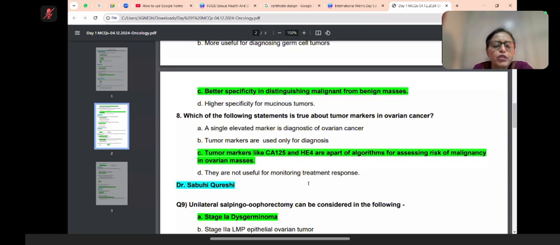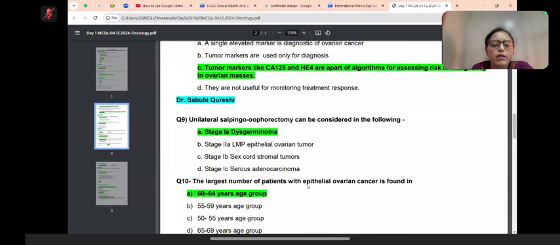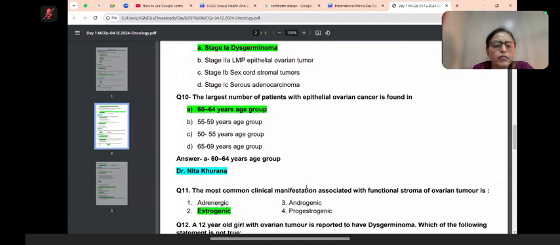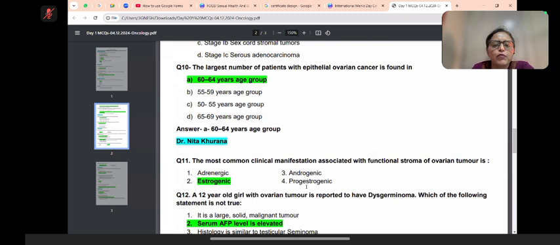Dr. Subhu's questions were, unilateral salpingo-oophorectomy can be considered in the following. The answer is A, stage 1 dysgerminoma. The largest number of patients with epithelial ovarian cancer is found in, the answer is A, 60 to 65 years age group. Dr. Neeta's questions were, the most common clinical manifestation associated with functional stroma of ovarian tumor.